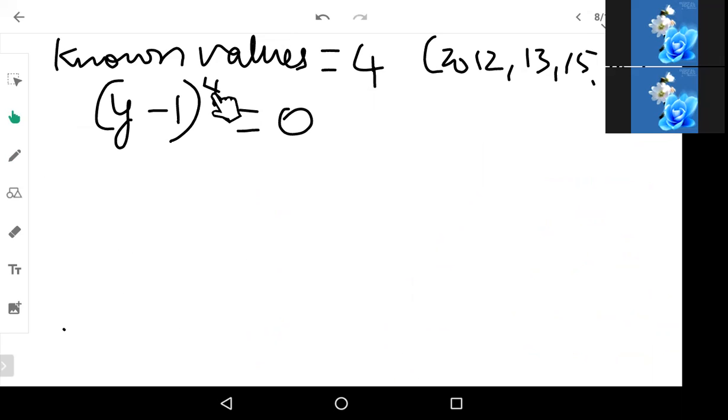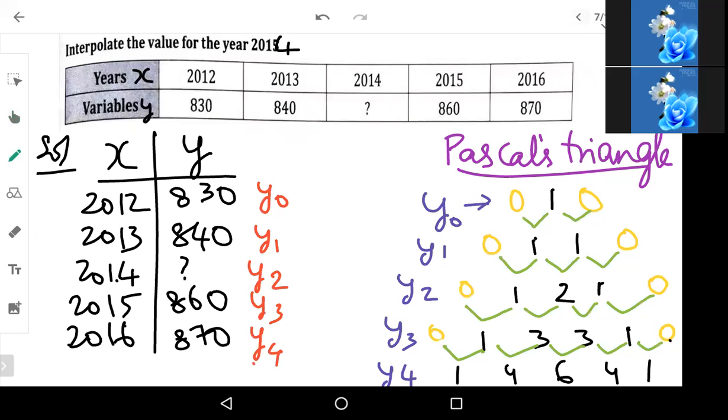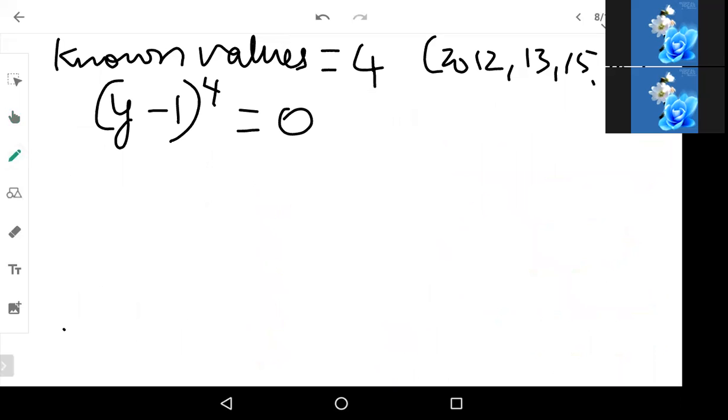Now, how do we derive this? Come back to the Pascal triangle. If you see the last line here, the numbers are 1, 4, 6, 4, 1. These are the numbers we have.